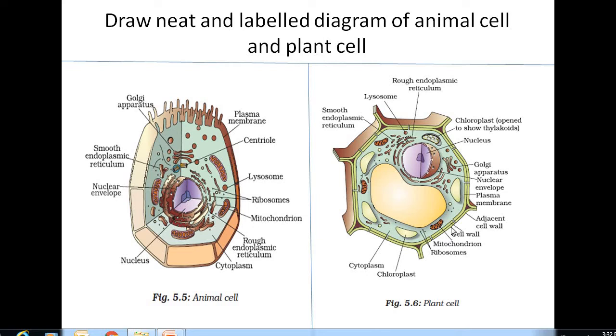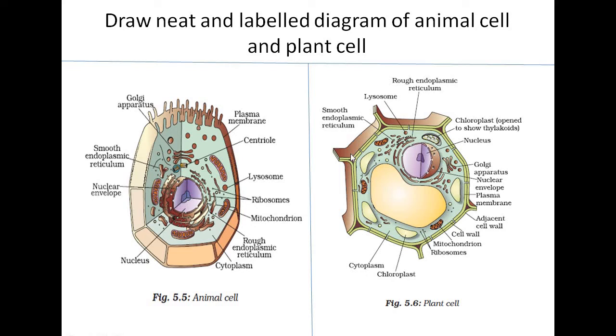Now this cell wall in plant cell helps the plant cell to be rigid and gives protection to the plant cell. It gives strength. It provides protection to the plant cell. You know, a plant cannot move.